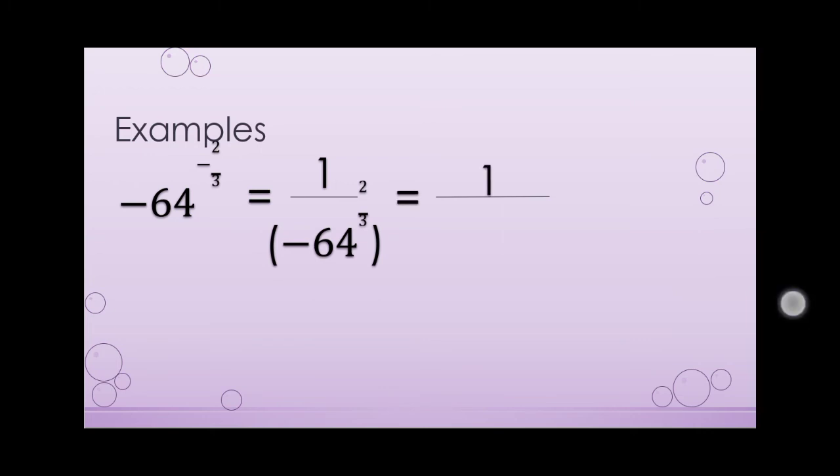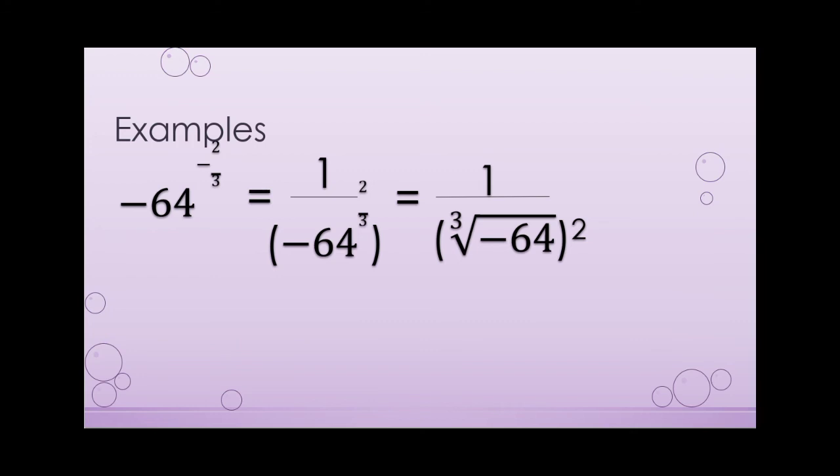Next example, negative 64 is raised to negative 2/3. So this is equal to 1 over negative 64 is raised to 2/3. Then, let us make the denominator a radical. So this is now 1 over cube root of negative 64, and then this is raised to 2.